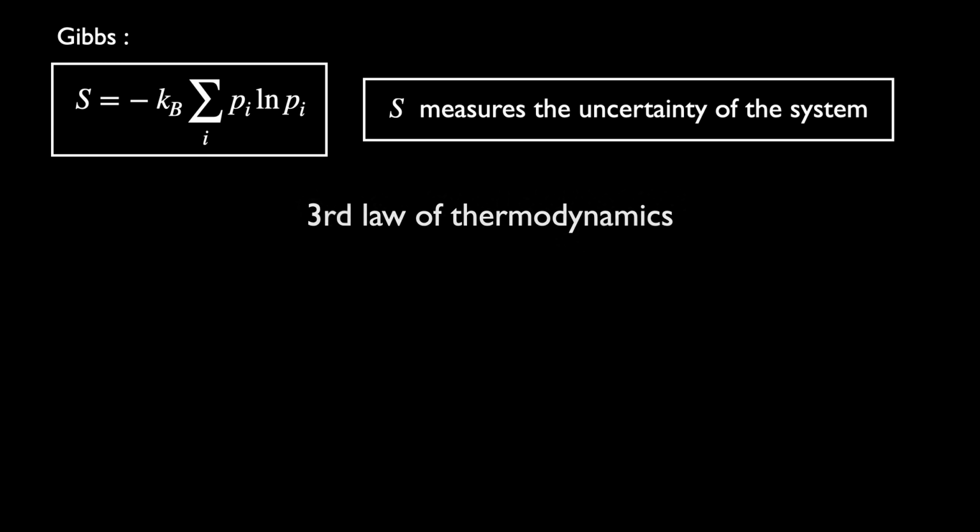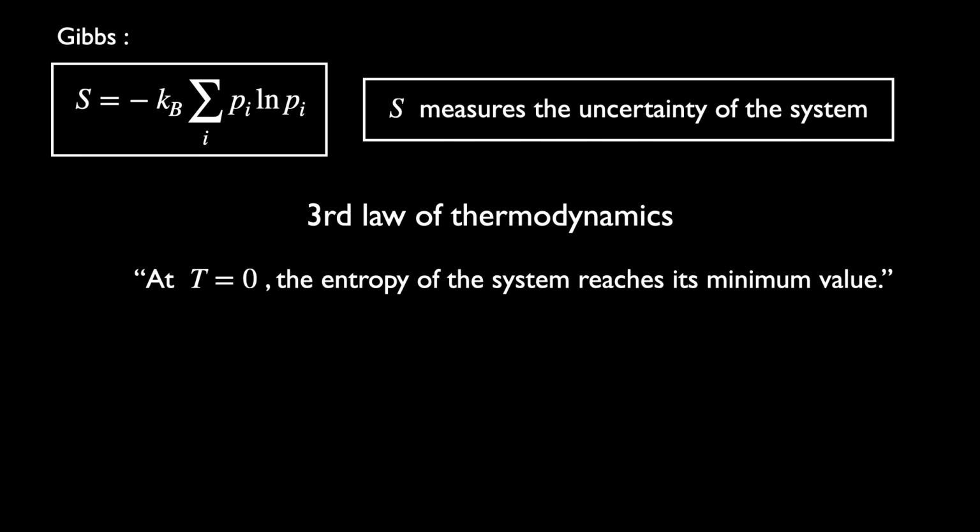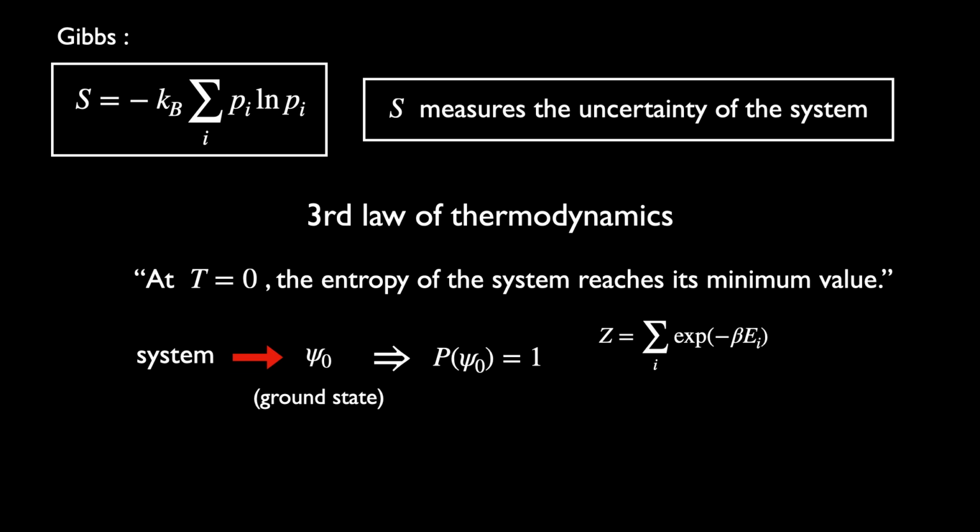The third law of thermodynamics states that at absolute zero, the entropy of the system will reach its minimum value. This can be seen in the following way. At T equals 0, the probability of the system being in its ground state goes to 1. This is due to the fact that the partition function is dominated by the Boltzmann weight of the ground state.